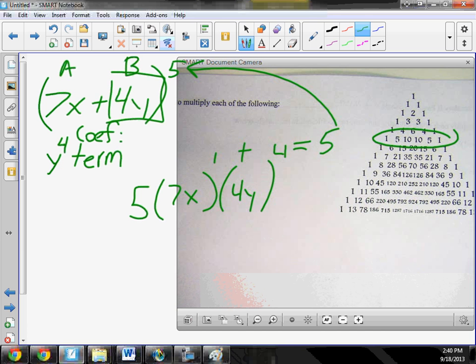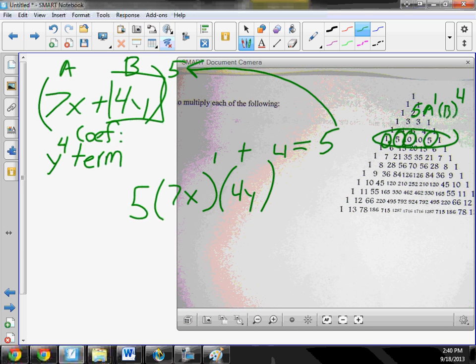How many A terms are there here? 5. There are 0 b terms. So this is 5 a's and 0 b's. What about here? 4 a's, 1 b. How many here? 3 a's, 2 b's. When I get down to this one, I have a to the first and b to the fourth. So it's 5 a to the first, b to the fourth.